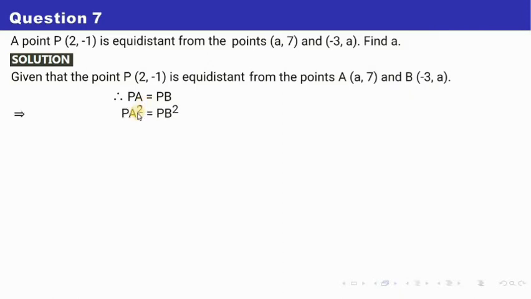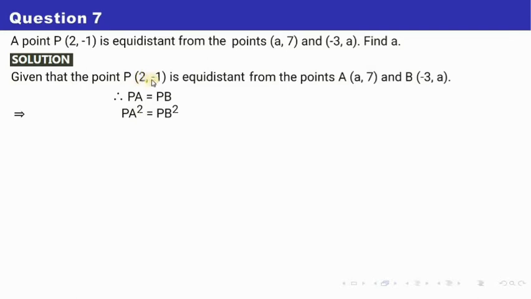Then you will get PA square here and PB square here. Now if you apply the distance formula, you need not put the square root sign because you have already squared it. I hope this is clear to you.